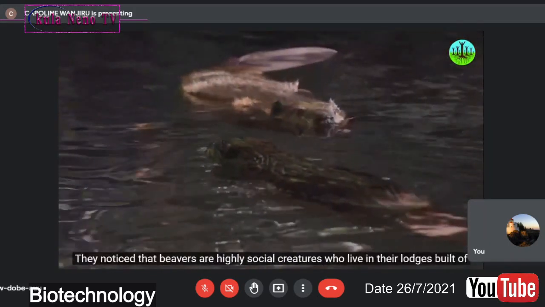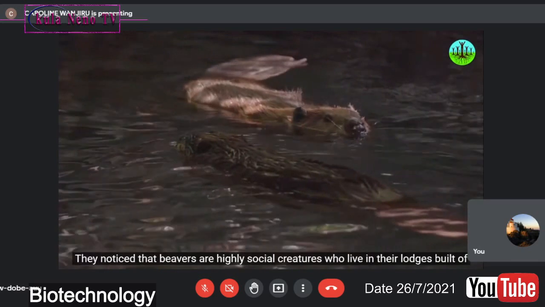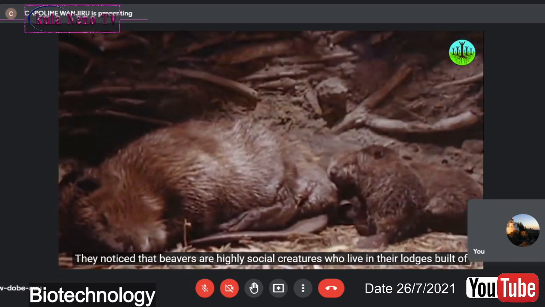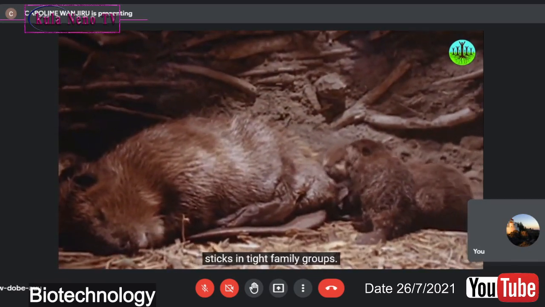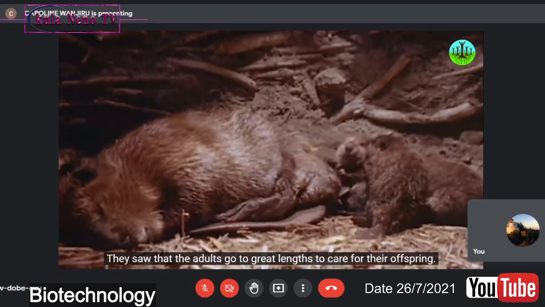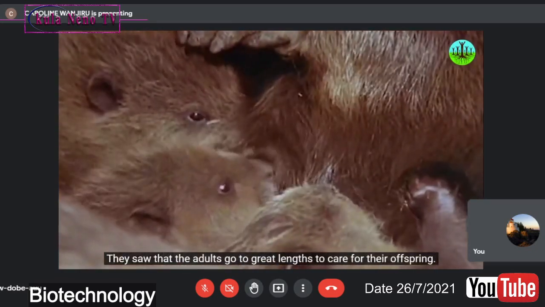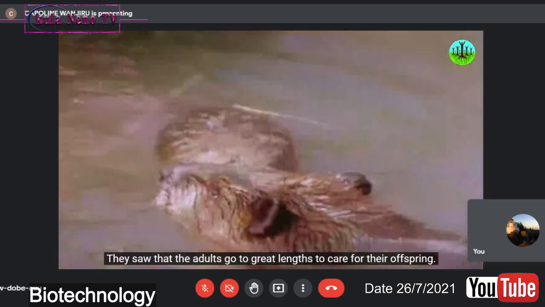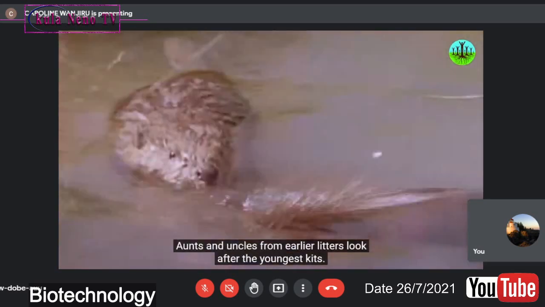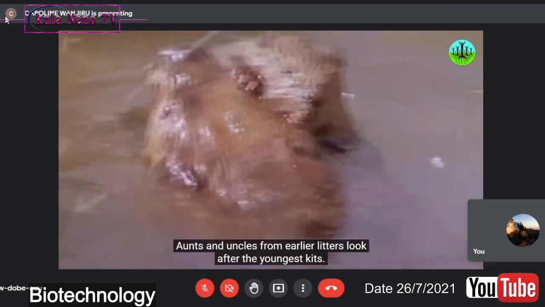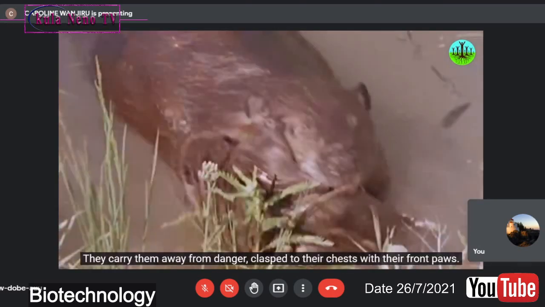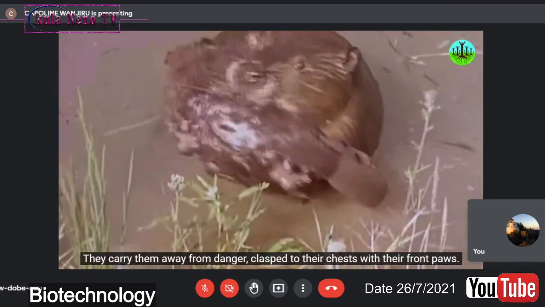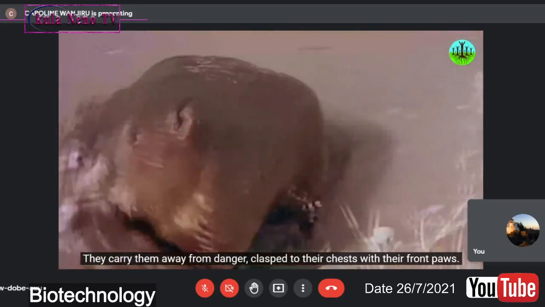They noticed that beavers are highly social creatures who live in their lodges built of sticks in tight family groups. They saw that the adults go to great lengths to care for their offspring. Aunts and uncles from earlier litters look after the youngest kits. They carry them away from danger, clasped to their chests with their front paws.